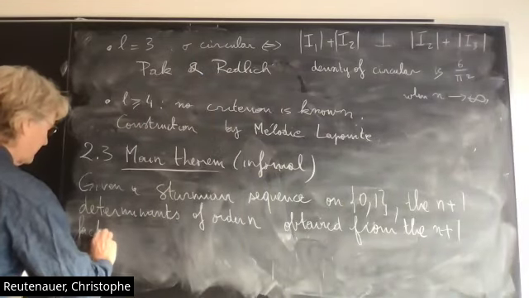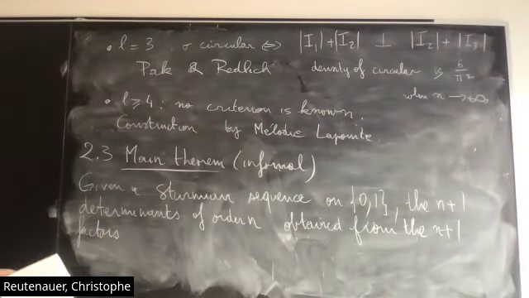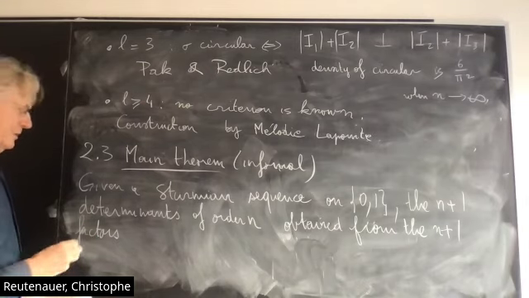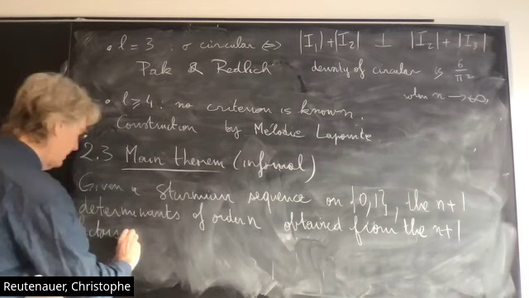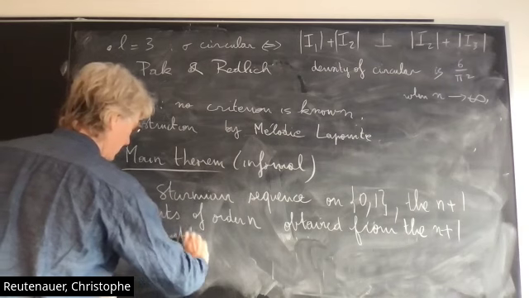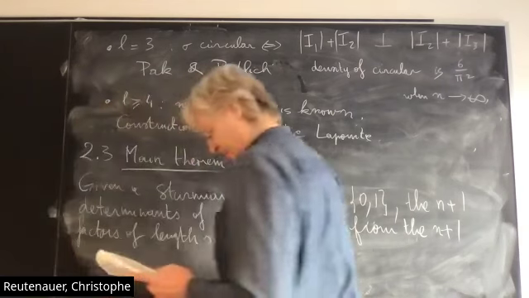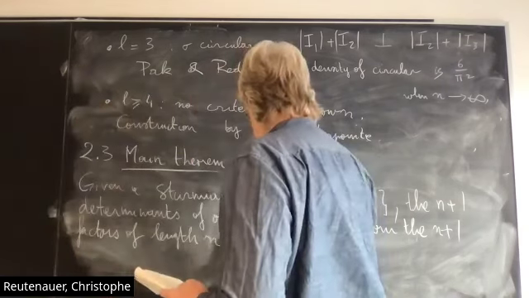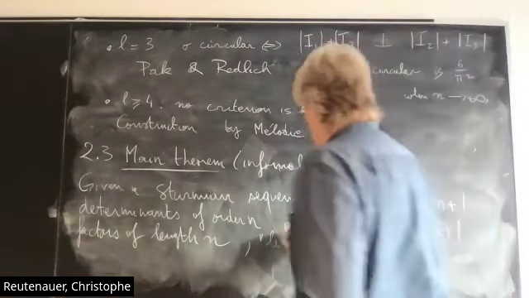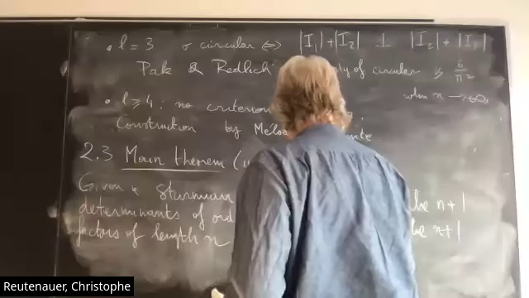I say factors instead of subwords. In the Lothaire school, we say factors for connected subwords. The n plus 1 factors of length n, in some order, lexicographically ordered.